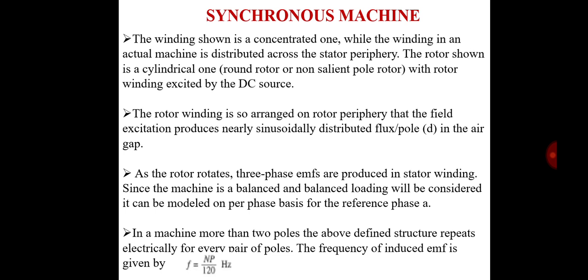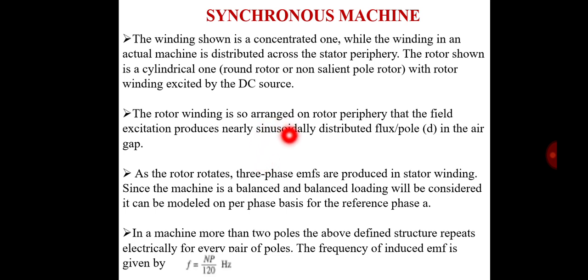The rotor shown is a cylindrical one, a round rotor or non-salient pole rotor, with rotor winding excited by the DC source, as we see in the diagram. The rotor winding is so arranged on the rotor periphery that the field excitation produces nearly sinusoidally distributed flux per pole in the air gap.